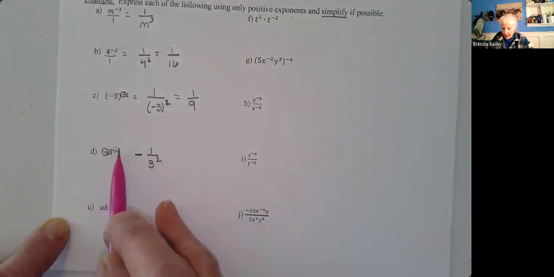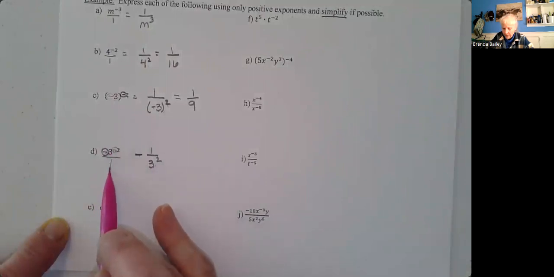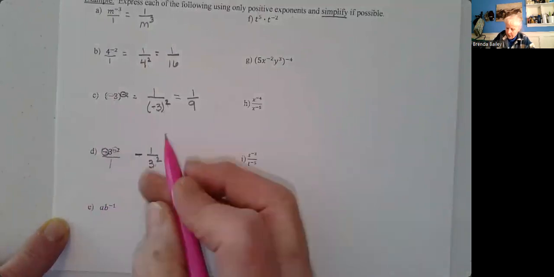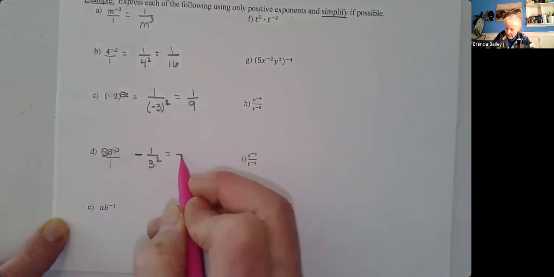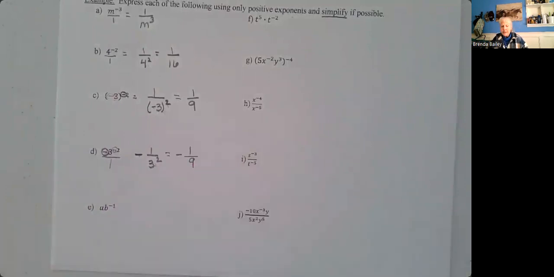So you have 3 squared to make this a positive 2. You change the position. Numerator to denominator. And then finishing it, negative 1/9. So that one is a negative 1/9. And the reason the negative stayed is because it was not in the parentheses. So many little ideas. It just comes with practice. You just have to practice.